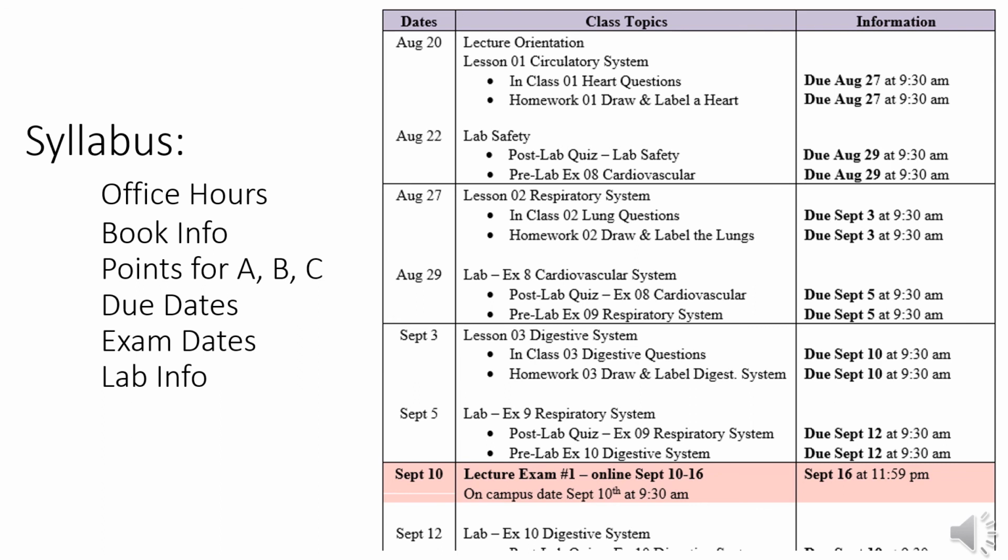It's also got office hours, book information, how many points you need for an A, a B, a C. But yeah, most people are interested in the dates we're doing stuff. These vary by semester. I'm not going to call things out, and I can't even tell you which semester I pulled this one off of, so don't look at those dates. But it does have some lab information at the bottom of it too. Read through it, got some stuff in it that you'll need to know.